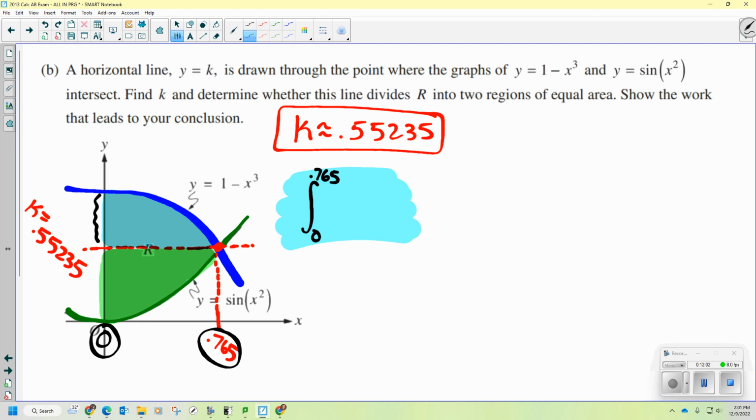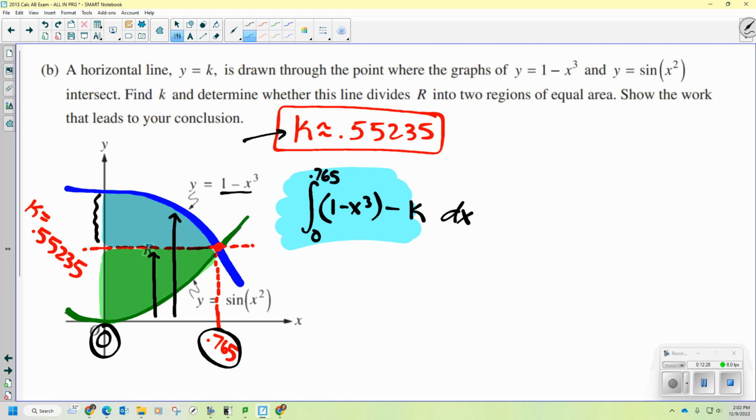My bigger function is still 1 minus x cubed, minus my smaller function, which is the one not as far away from the x-axis, which is just the line 0.55235. I can write k here, minus k, and put dx, because that tells them what k is.